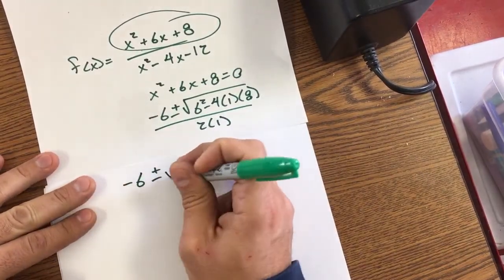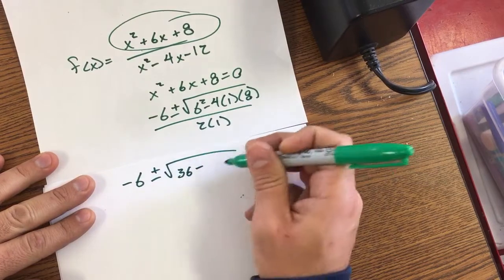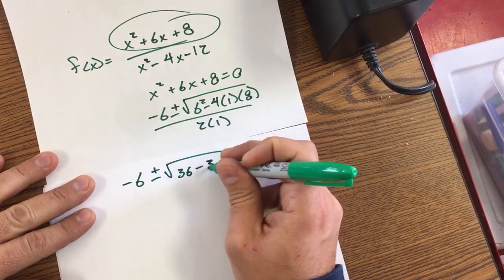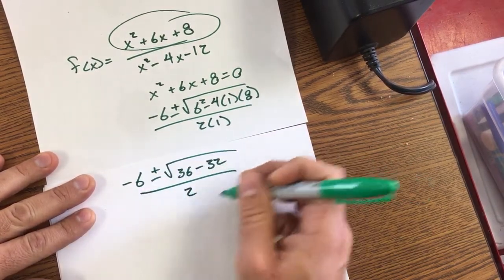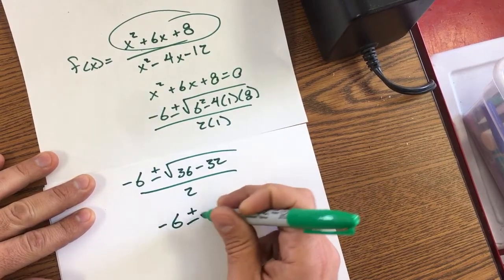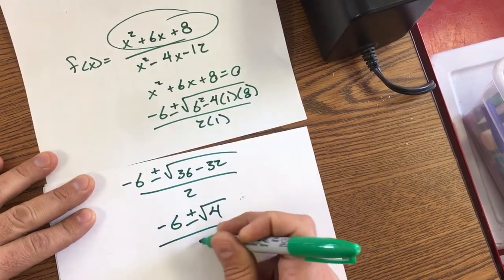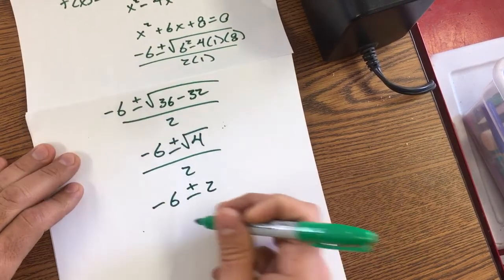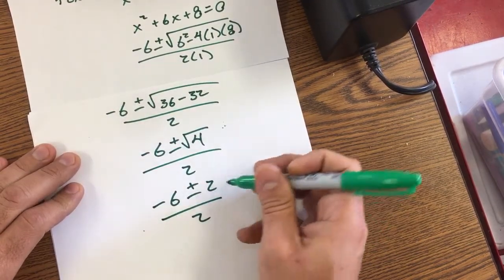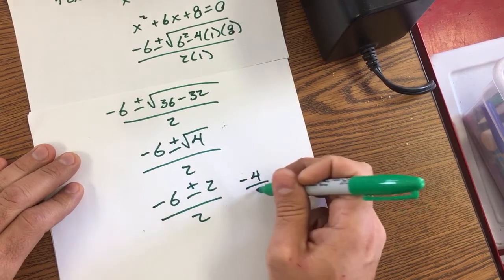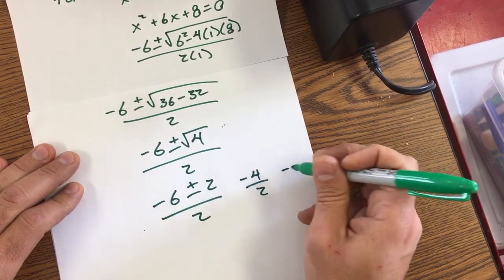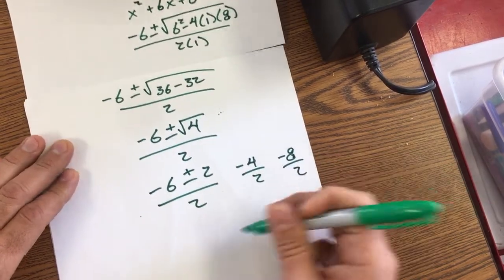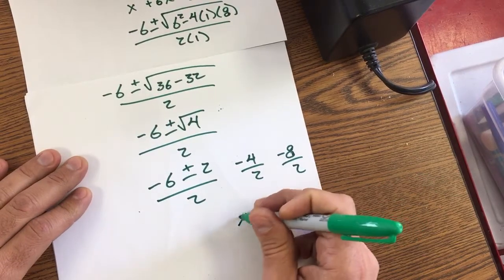And I'm just going to simplify. Square root of 4 is 2. Negative 6 plus 2 is negative 4. Negative 6 minus 2 is negative 8. So my answers are going to be these two.